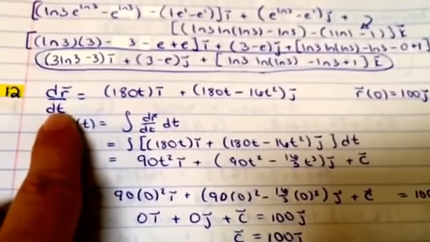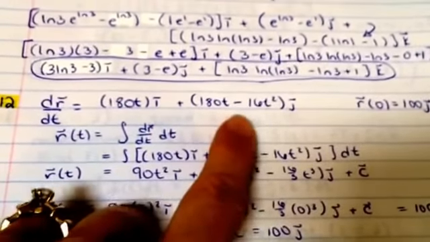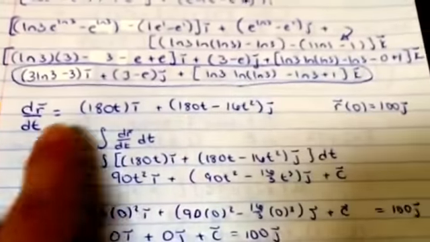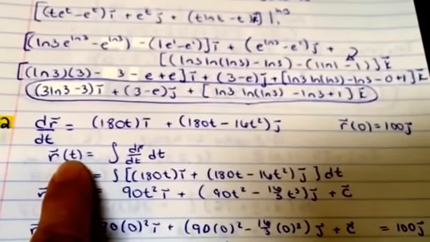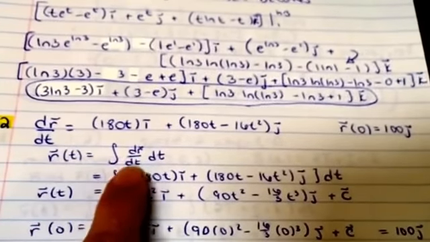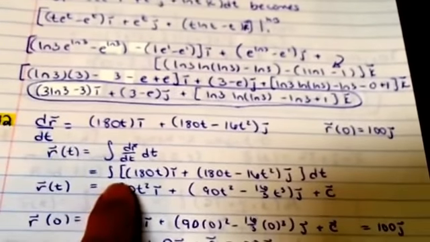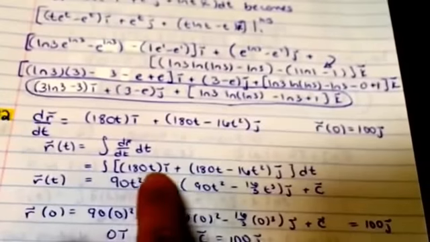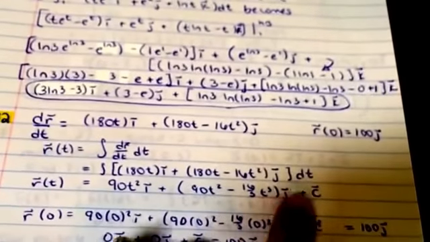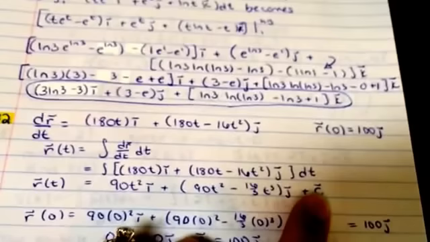Okay, so number 12, they just gave you the first derivative. So this is my first derivative and then one extra piece of information. So the original function is the integral of the derivative, because the integral of the derivative just gives you back the original function. So I'm integrating the derivative, so I put that here. And then when I integrate, I get plus c. Okay?